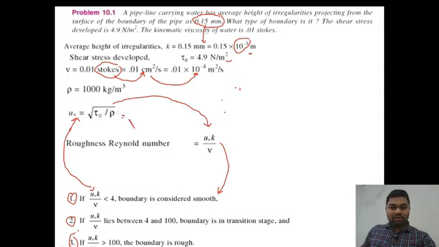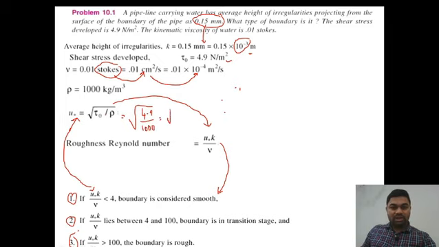Shear velocity is equal to under root tau naught, our shear stress developed, which is 4.9, divided by rho, which is 1000.